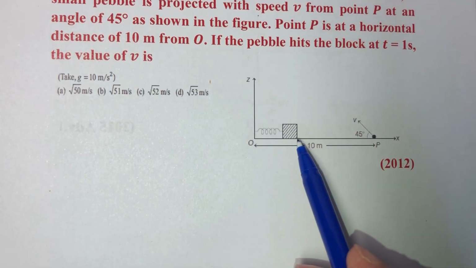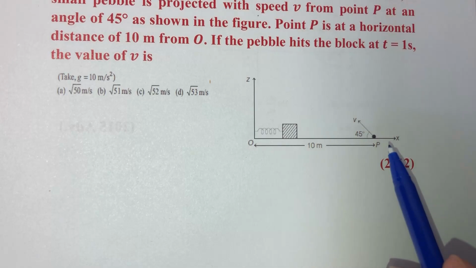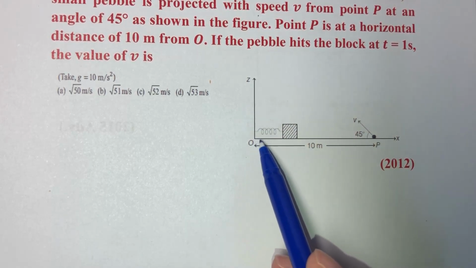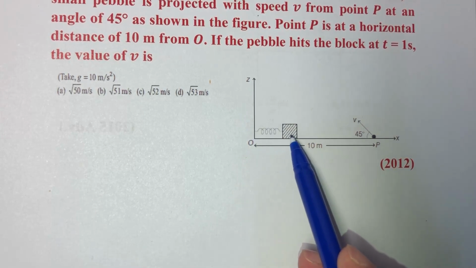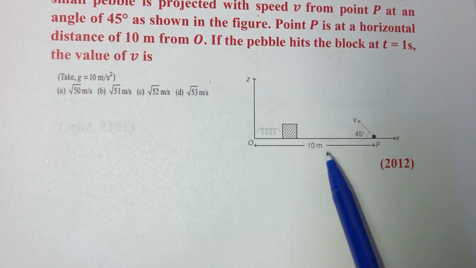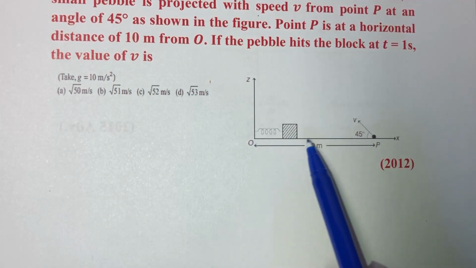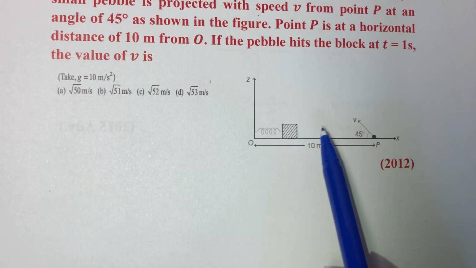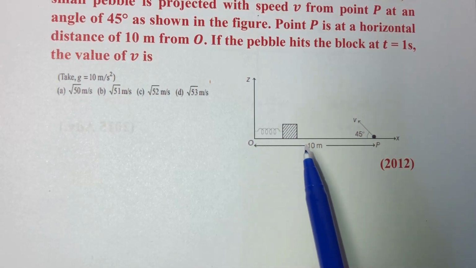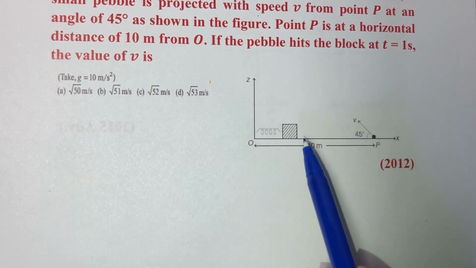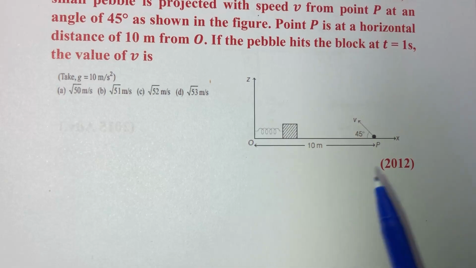So this is a block and this is the pebble. Total distance from where this block is connected to the pebble is 10 meter, and this block is stretched to a distance of 0.2 meter and then it is released, because of which it executes an SHM, and this is at t equal to 0.